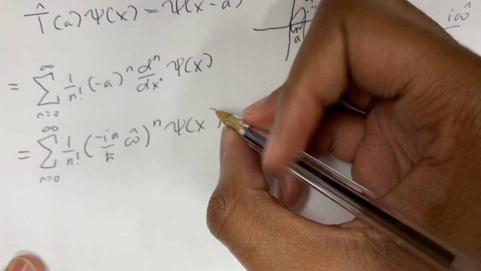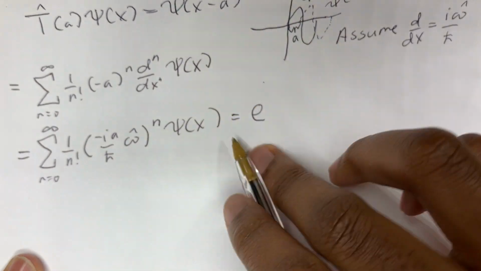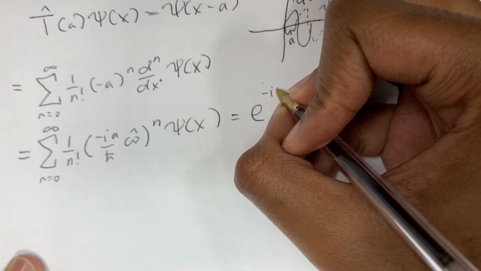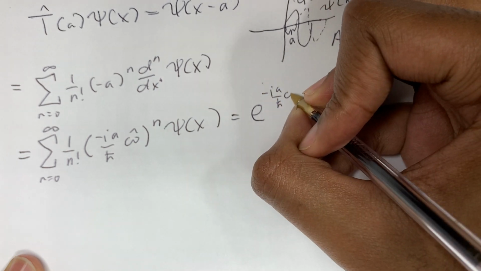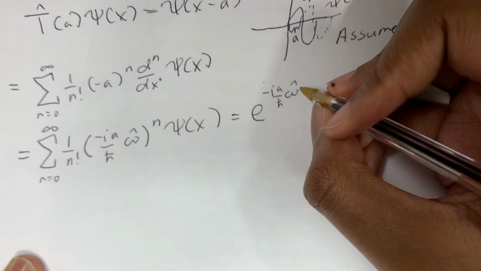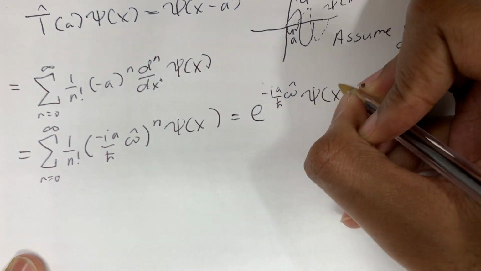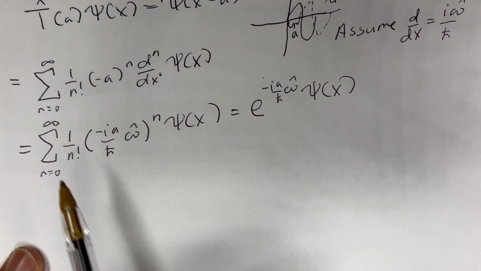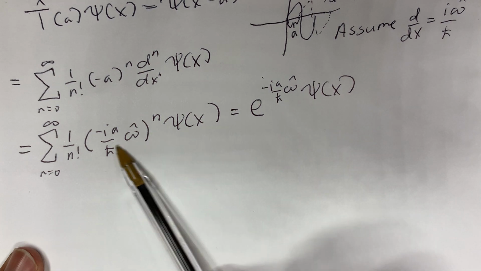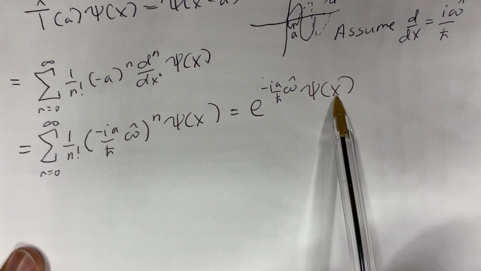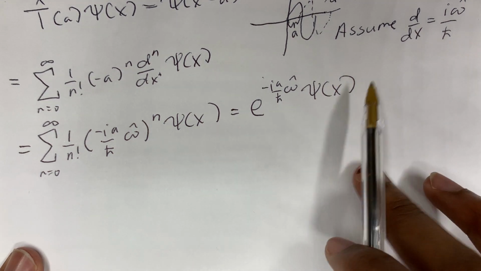And so this is just e to the minus i a over h bar omega times psi of x, because we have an exponential here. So it's e raised to this, then multiplied by psi of x. Okay, so now what?